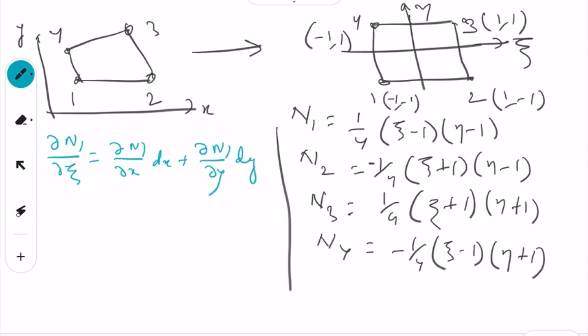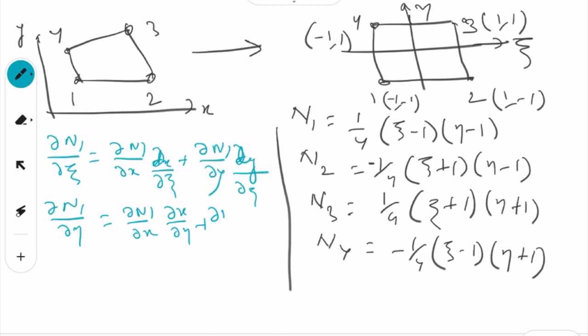I think we have to write it like this: del x over del xi and del y over del xi. Similarly, del N1 over del eta is equal to del N1 over del x times del x over del eta plus del N1 over del y times del y over del eta.